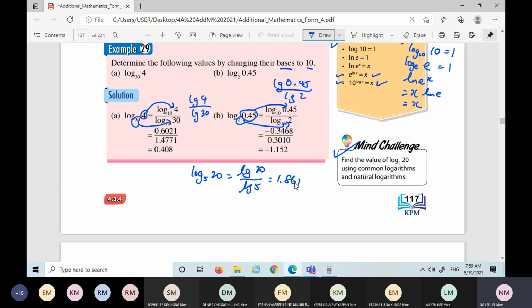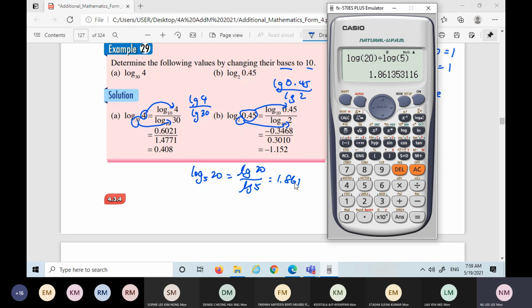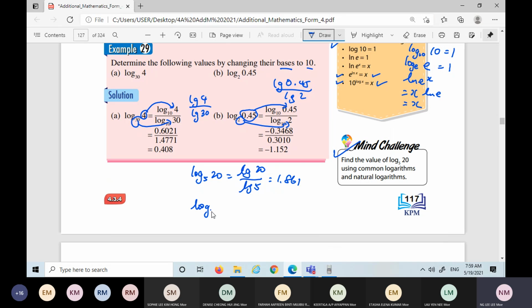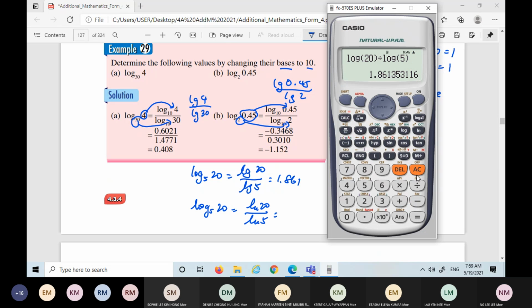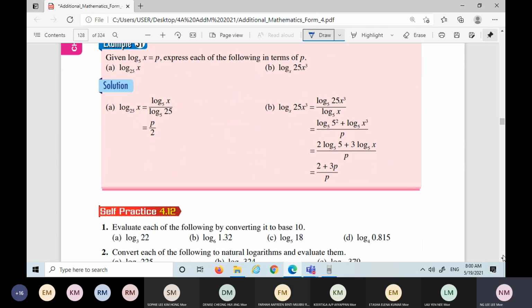Then if I use ln, ln 20 over ln 5, try and see. ln 20 divided by ln 5. You get the same answer. So that's all for that.